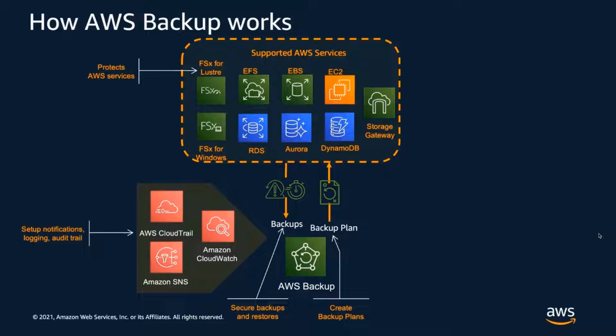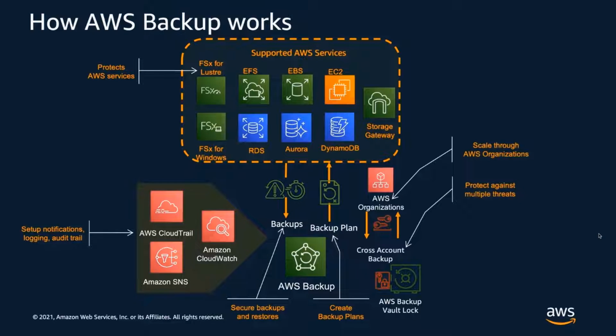You can also set up notification and logging using CloudTrail and Amazon CloudWatch as well as SNS. All your backups are securely stored in a construct known as a backup vault. You can apply different access policies as well as encrypt it with your KMS keys to secure your backups and add additional layers of security to protect your data.